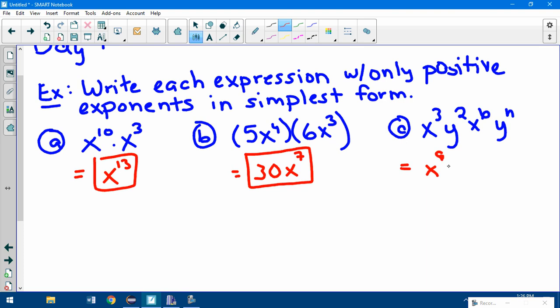What do you think the exponent on the y is going to be? Well, again, if we're multiplying, what do we do to those exponents? Hopefully you didn't say y to the 2n because we add the exponents, just like 3 plus 6. So it's got to be y to the 2 plus n. There you go.